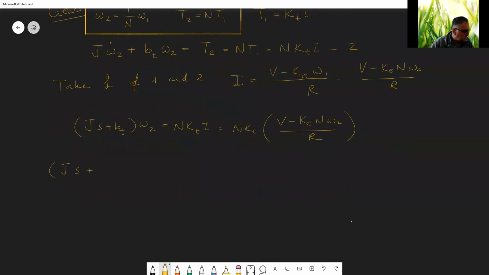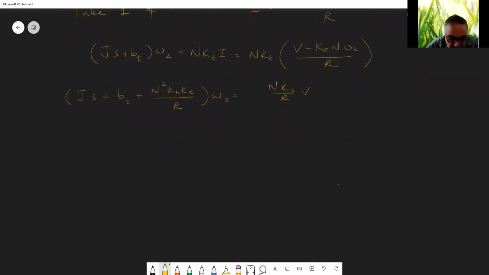Js plus dt plus n squared kt ke divided by r, omega 2 is equal to V.